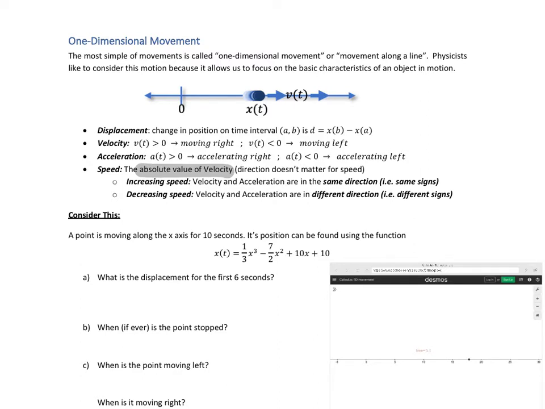Velocity has direction and it has speed. Speed is just that absolute value. It's going 2 feet per second or 2 units per second or whatever it may be. If it's increasing in speed, then the velocity and acceleration will be in the same direction, like playing a tug of war. Decreasing speed if they're going in opposite directions.